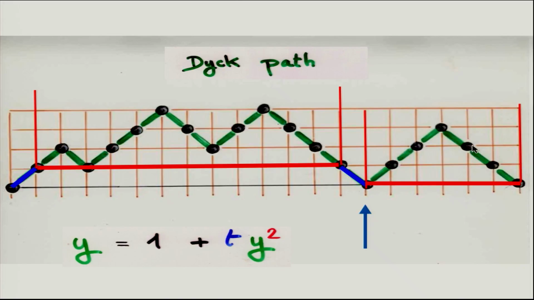So you have the product of 3 objects, 2 Dyck paths, and then 1 edge, which is weighted by t. The weight is t to the power n, where n is the number of southeast steps, or half of the total number of steps. The path has even length, so it's 2n, and n is half of the length, which is the number of southeast steps, for example.